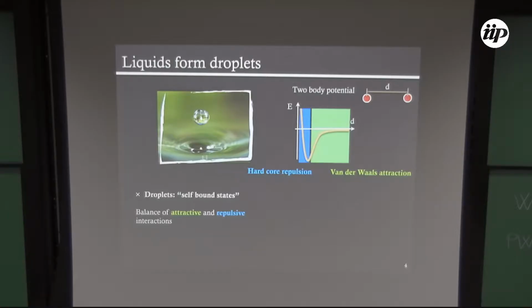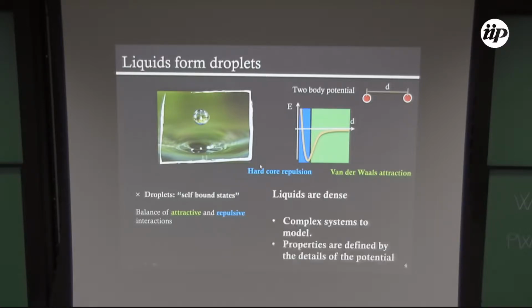So in general, liquids are dense systems because we need some characteristic length scale where these two terms can balance. And that's why liquids are complex systems to model.